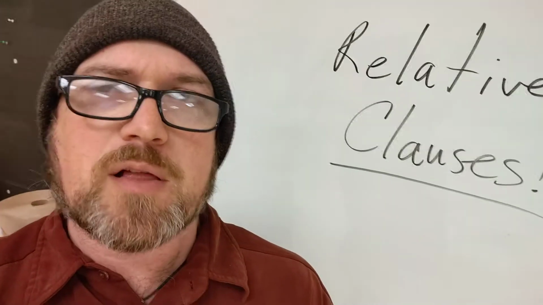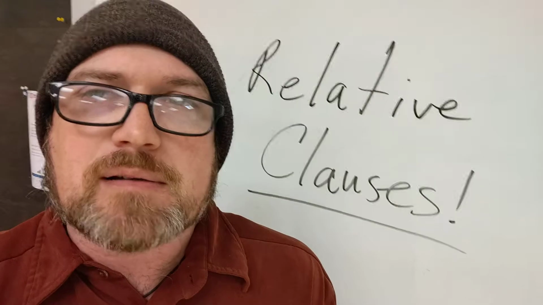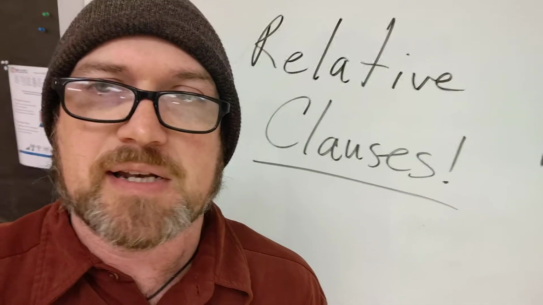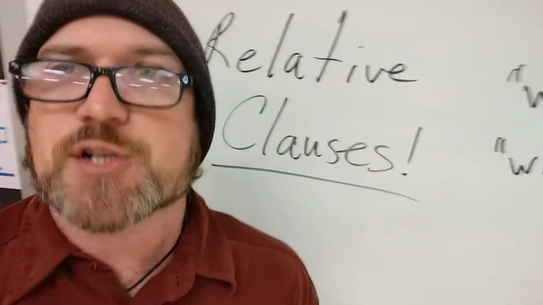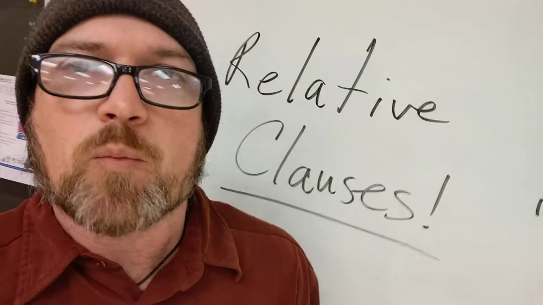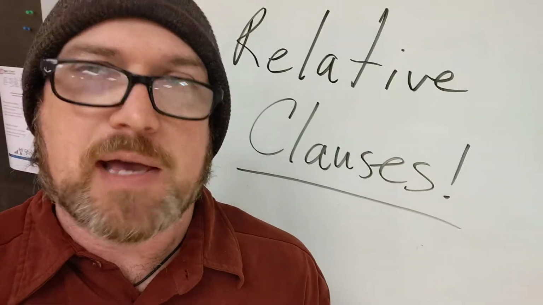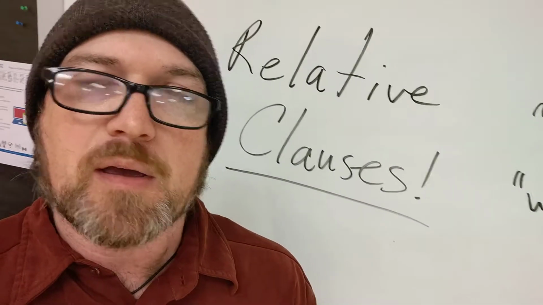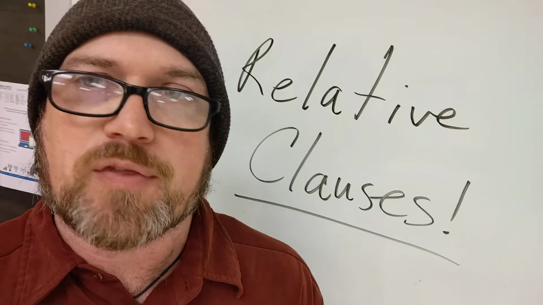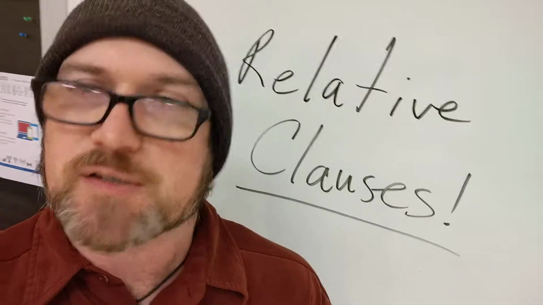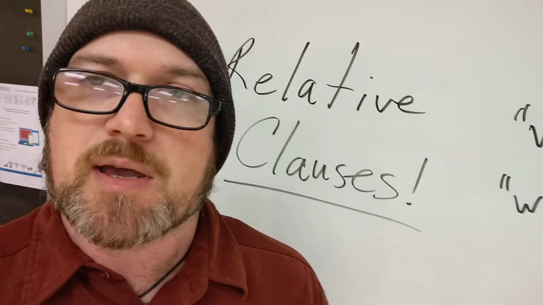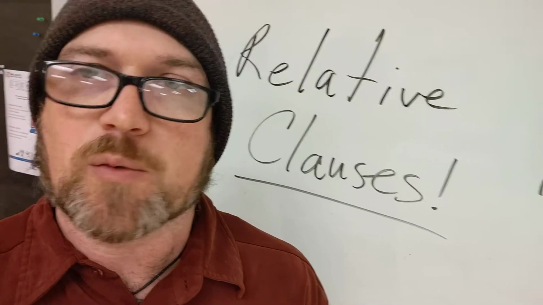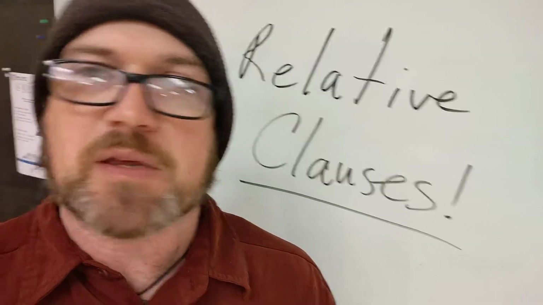But relative clauses are basically when you want to describe somebody or something in your sentence, but a simple adjective won't do, right? When I want to describe somebody as a person who does a thing, or someone to whom something has happened, or a thing for which some fact is true, as opposed to just saying somebody is tall, or something is heavy, or something is quiet.